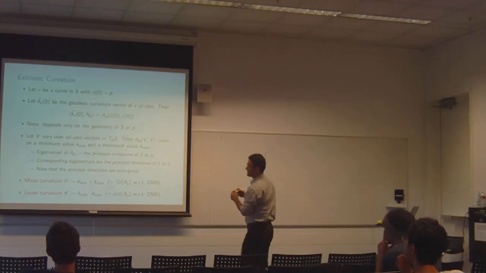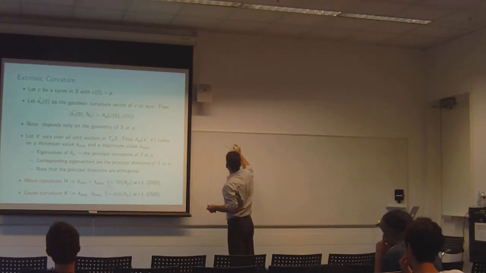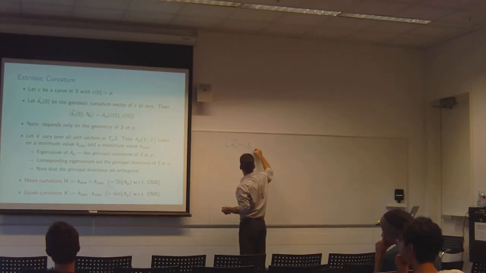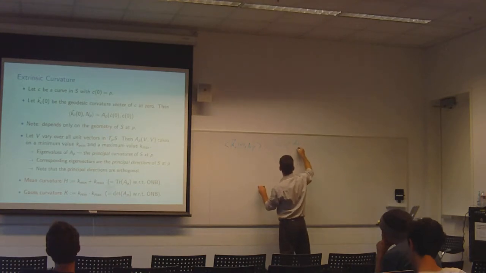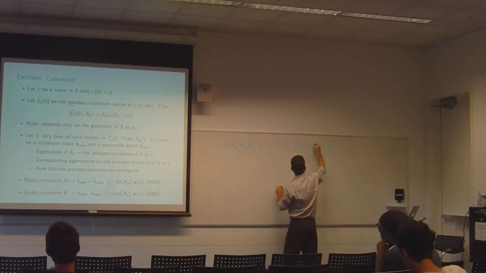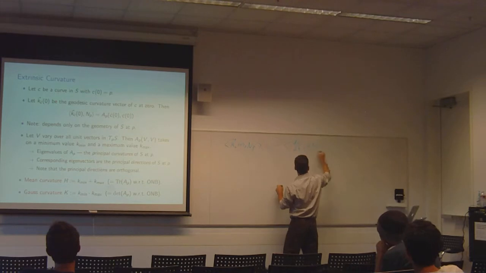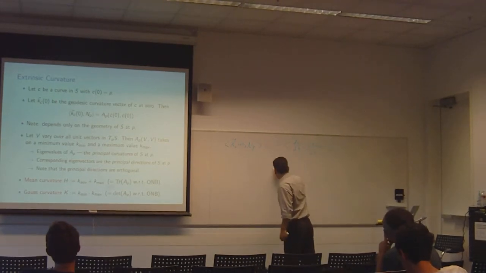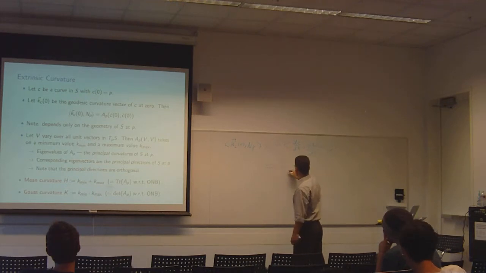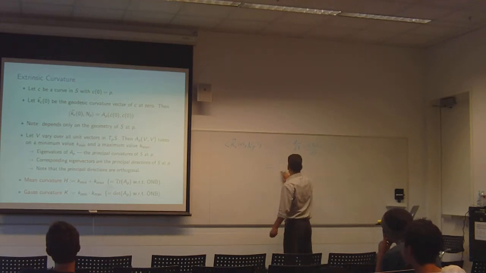Okay, so what I get is I got my curvature vector at c at 0 times the normal is equal to minus the inner product of dc by dt with dn at c(t) by dt. This is exactly like this.